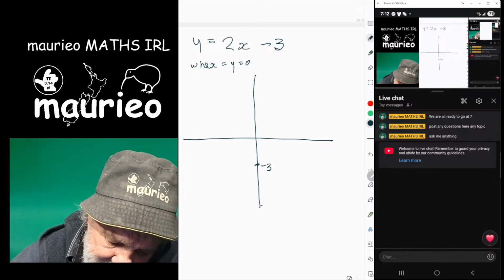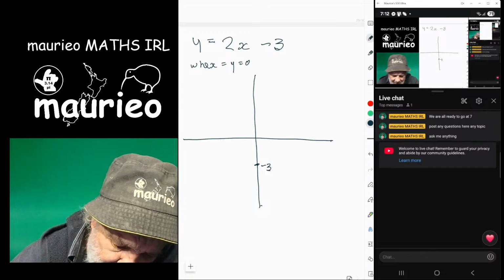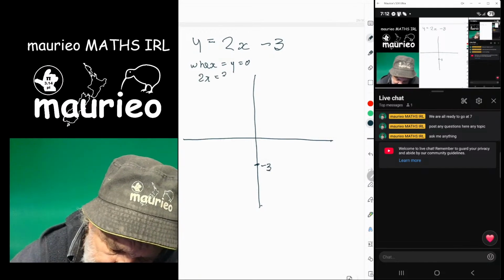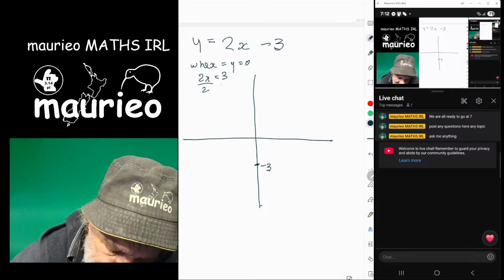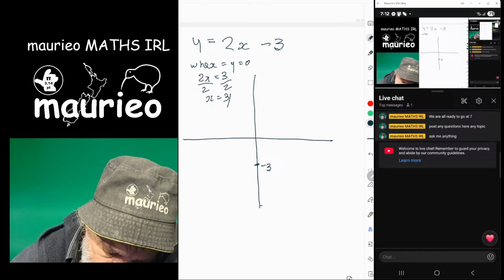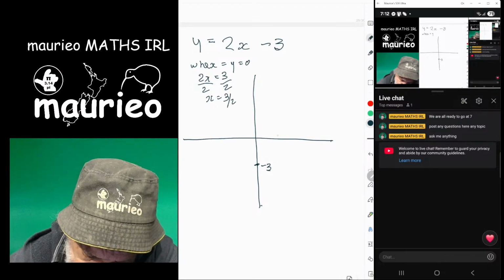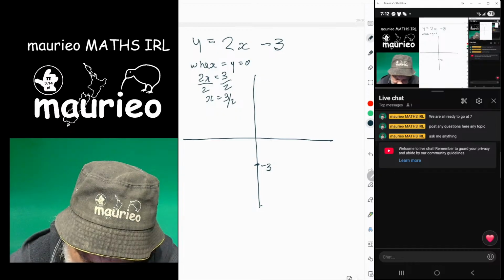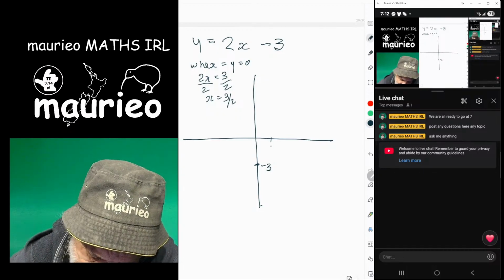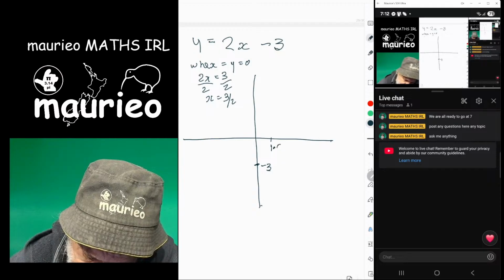Then we get 2x equals 3, and if we divide that through by 2, we get x equals 3 over 2, which is 1.5. So that's it there. That's 1.5.